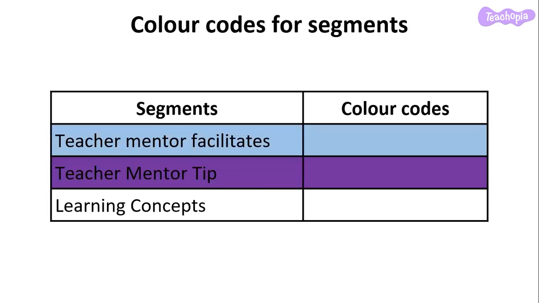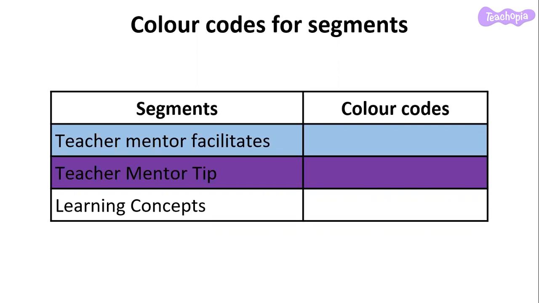There are certain color codes that we want all our teacher mentors to follow. The first one is the blue slide. Any slide visible in blue means that it is an activity that needs to be facilitated by teacher mentors on Saturday.